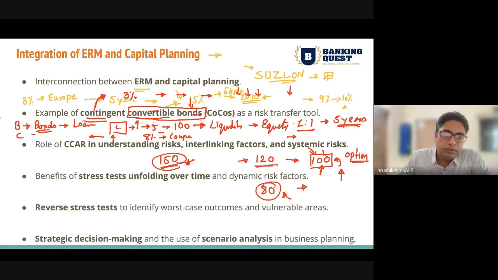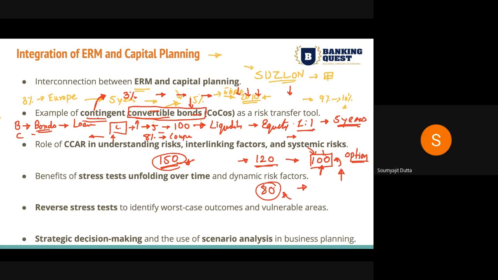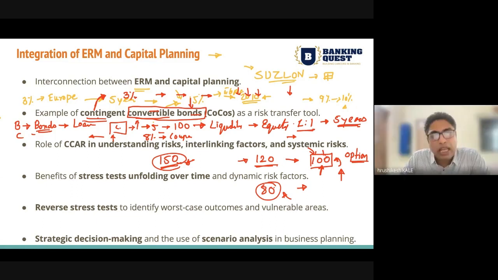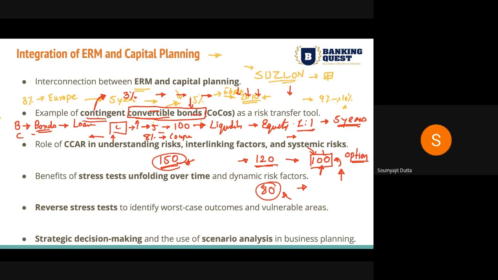You understood? So it means it is defined by the company. Yes, it is defined by the company itself. So the company decides when, if the situation is in good shape, it can be converted into equity share.